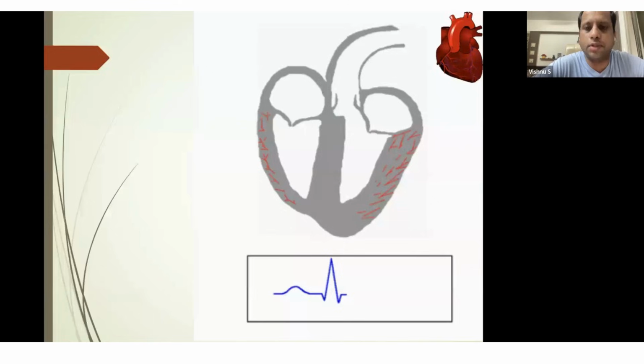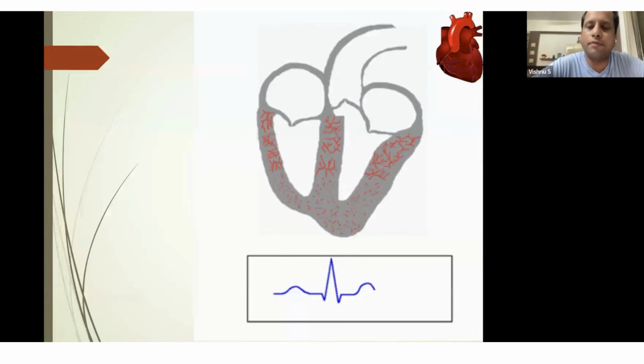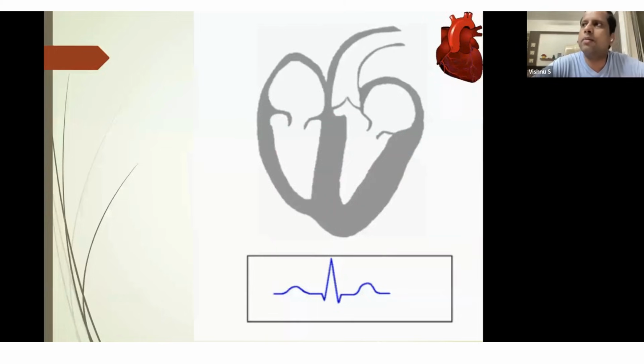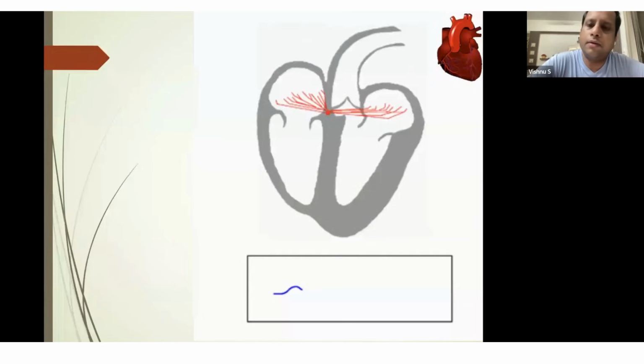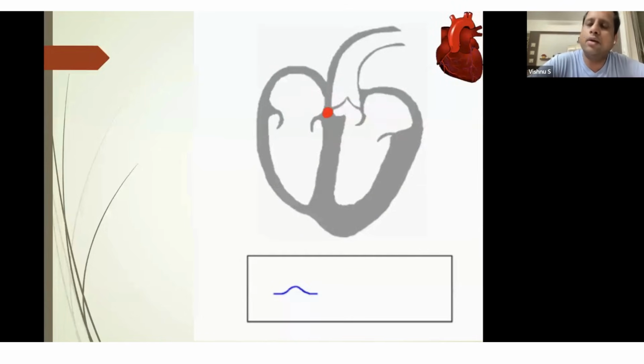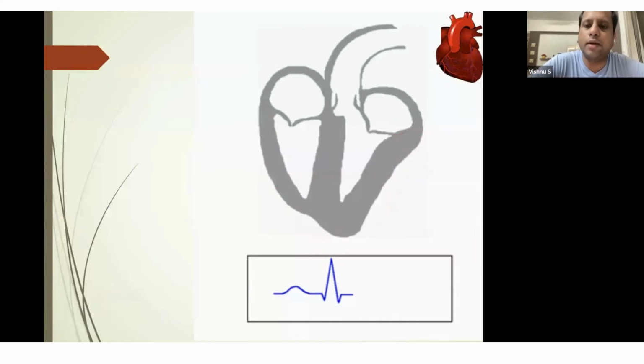The left bundle branch has two fascicles, anterior and posterior. The right bundle branch doesn't have a fascicle. Through the moderator band, it supplies the RV free wall, RV base, and RV OT. From the fascicles, it divides into Purkinje cells and activates the myocardium.